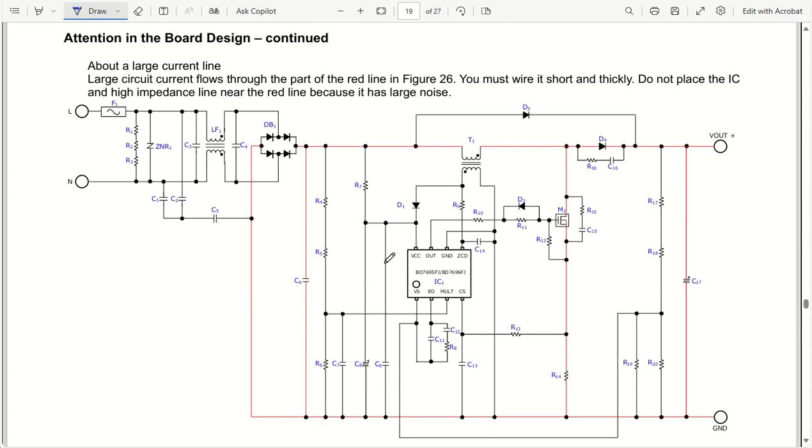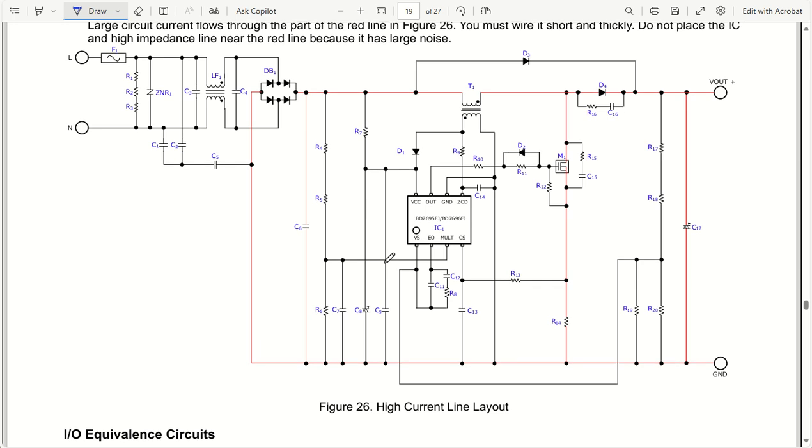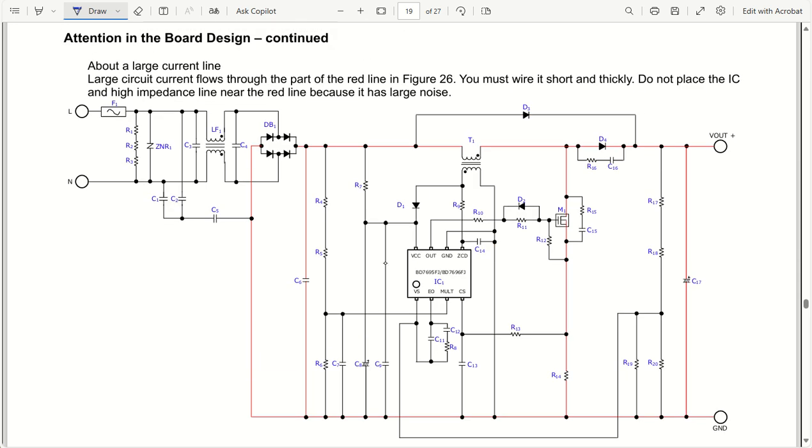Coming back to more attention about the large current. Whichever lines are marked red, they are the ones carrying the large, that is high, current. What you have to do is wire them short and thick. That's the main understanding we should have during the board layout design.